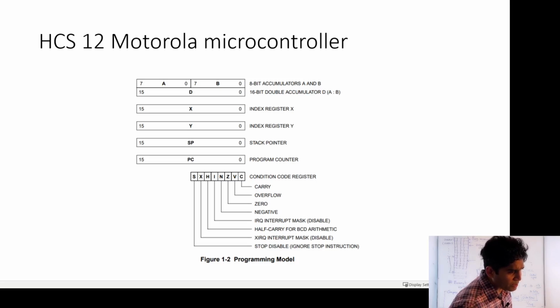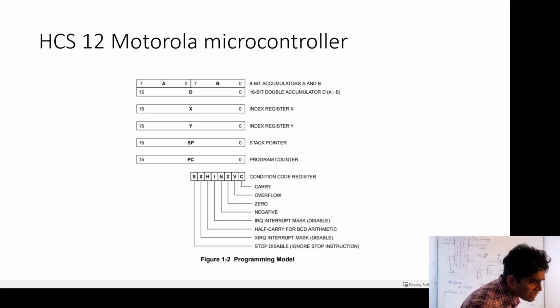That's your program counter. These are all the registers that are present within your CPU. And that's your condition code register that we just saw. Each bit of this location stores one flag. For example, here you have the C flag, the V flag, the Z flag, the N flag, and so on. Again, you have other additional flags here that we don't have to worry about this time.